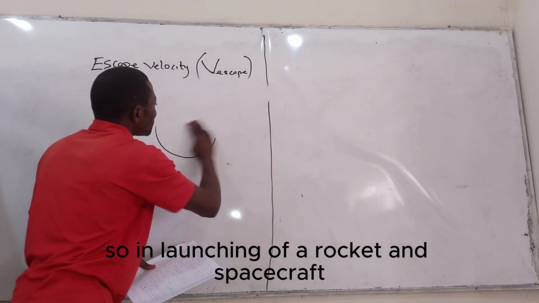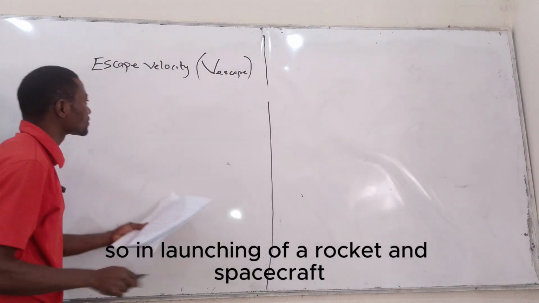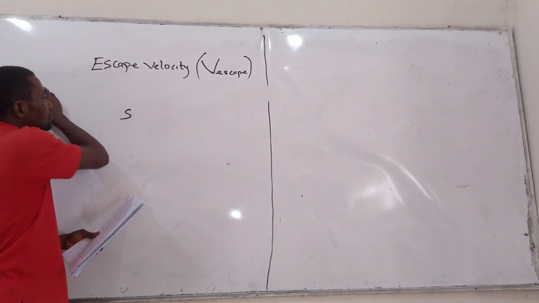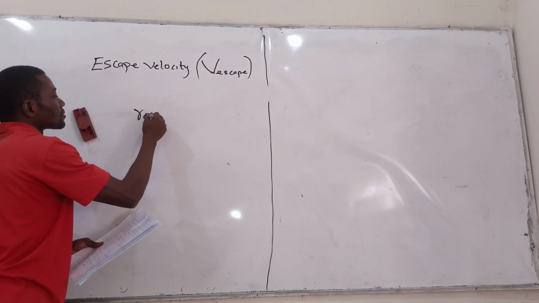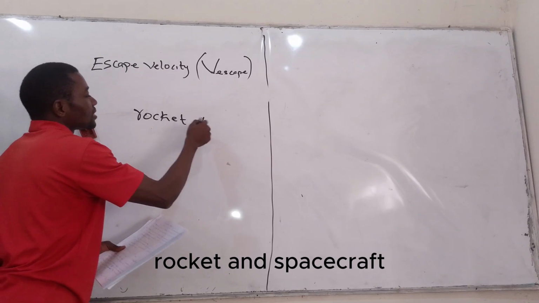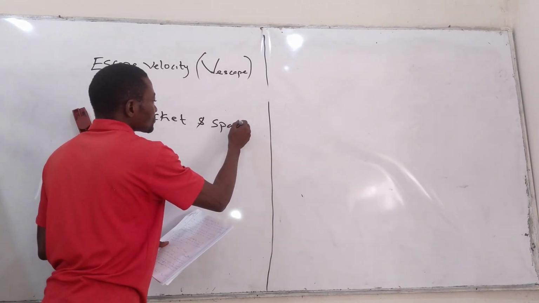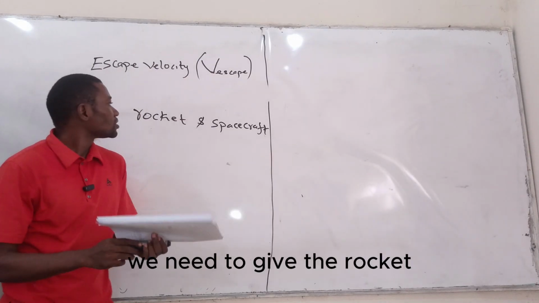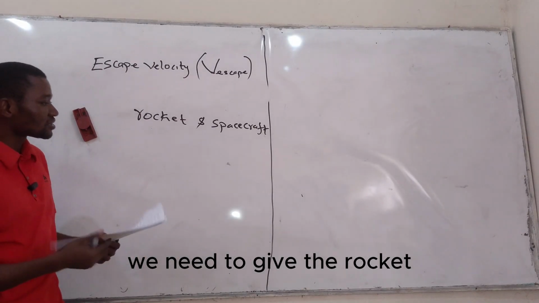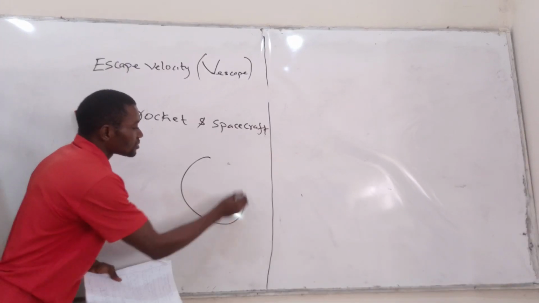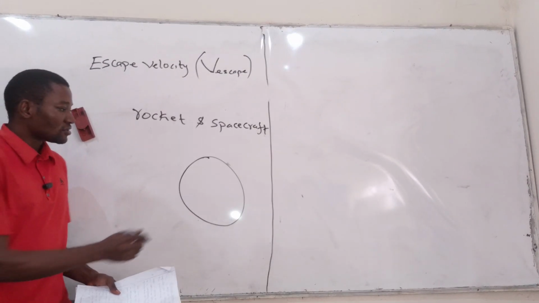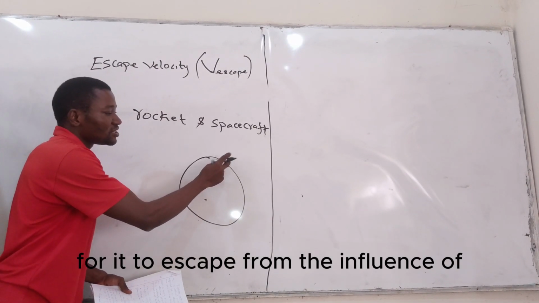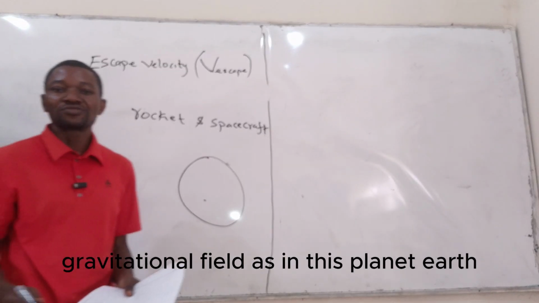So in launching of a rocket and spacecraft, we need to give the rocket that minimum velocity for it to escape from the influence of the gravitational field.